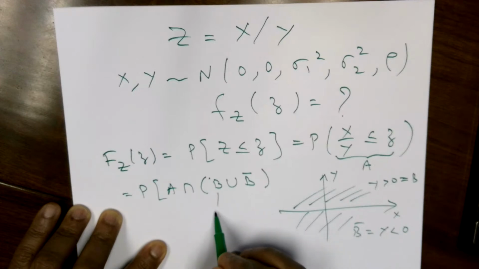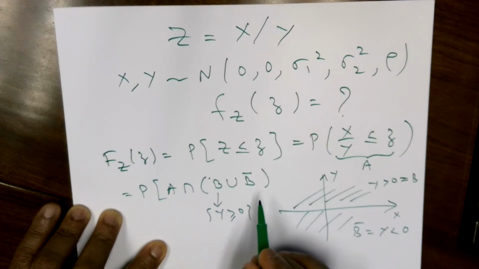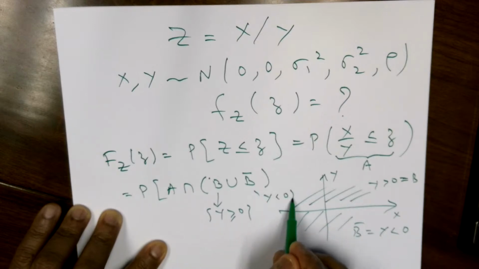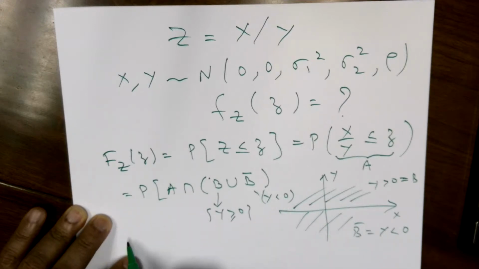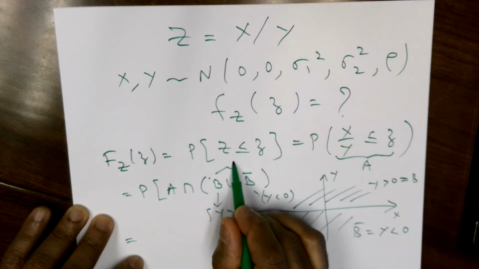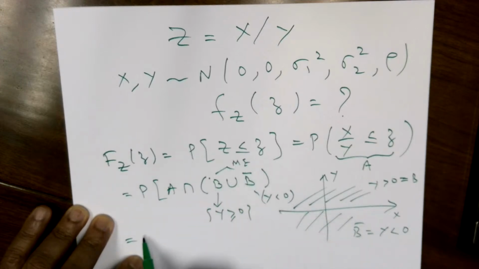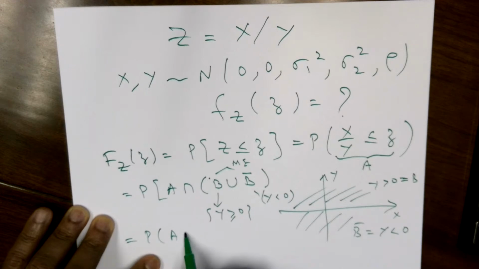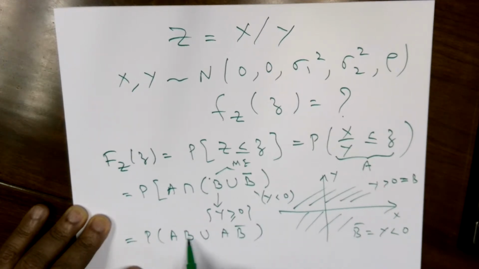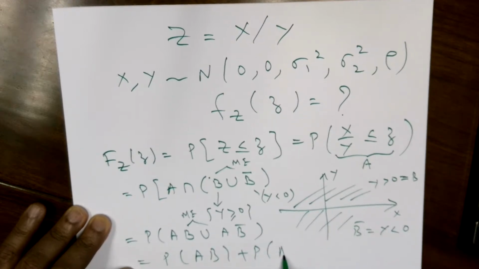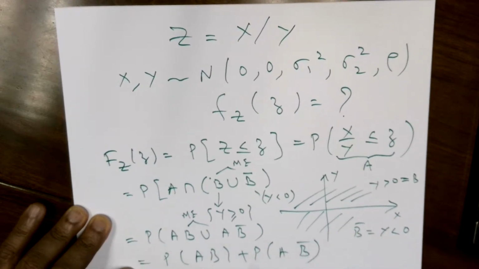So let me take B to be the event that Y is positive and B complement is Y less than 0. So let me expand this. Remember, these two are mutually exclusive. So this is the probability of AB union AB bar. But again, these two are mutually exclusive. So that's the probability of AB plus the probability of A intersection B bar.